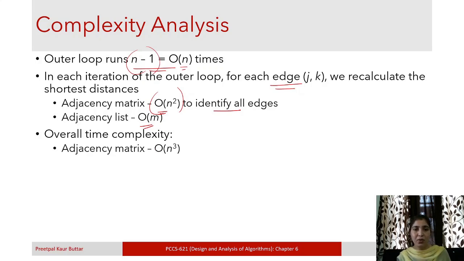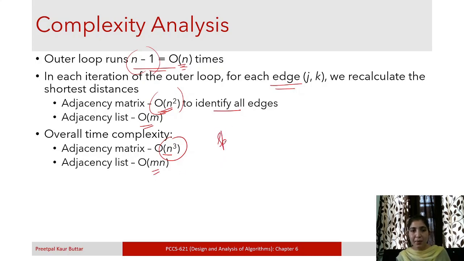If you are using an adjacency matrix, then it will be order of n cube, because the outer loop is running n times, and inside the loop you are scanning order of n square edges. So it is total n cube. And if it is an adjacency list, it is order of m into n.